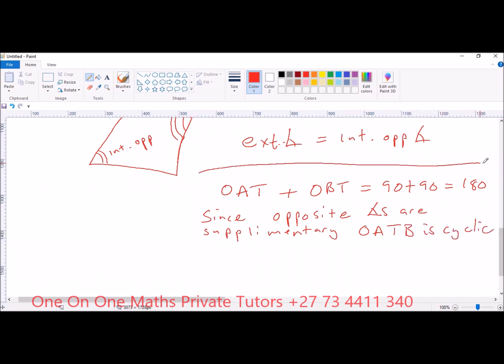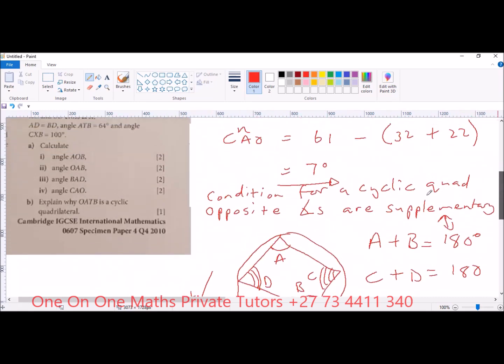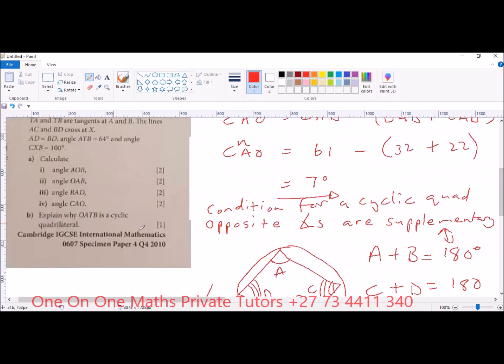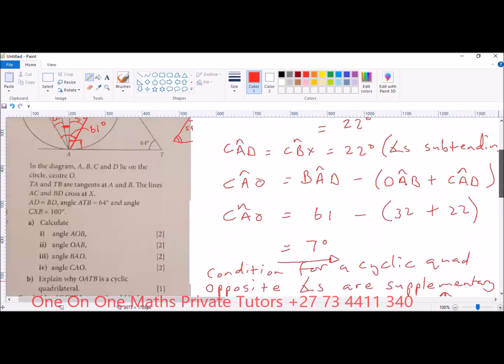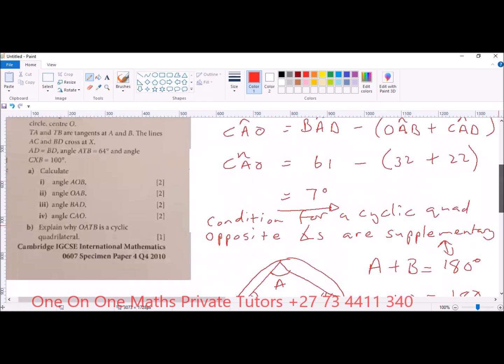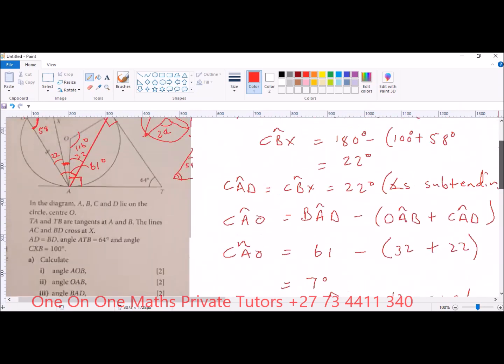That is the statement I would put. Therefore, for 1 mark, you just need to identify that the opposite angles are supplementary; they add up to 180 degrees.